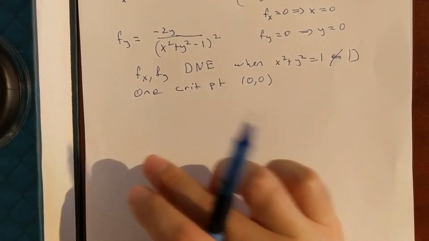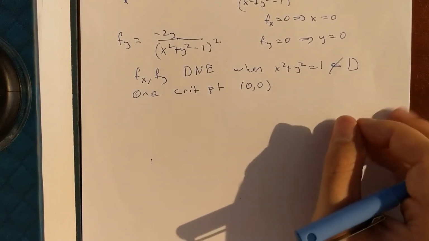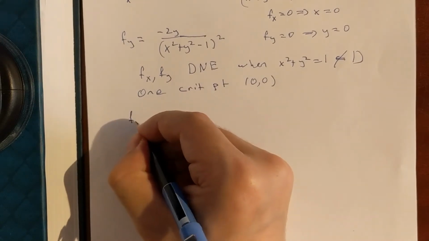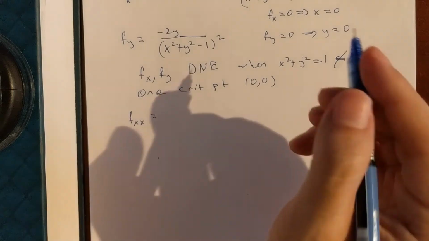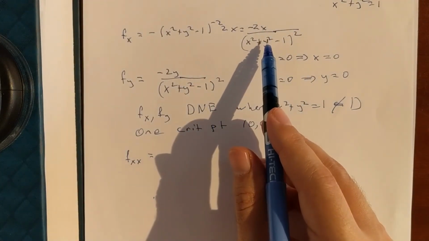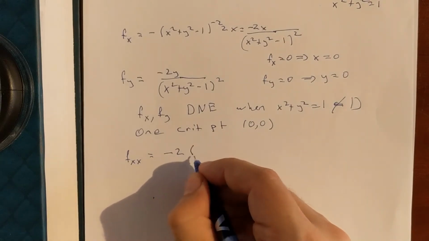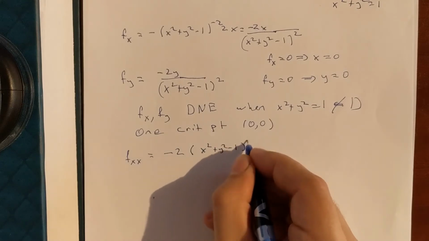So we need to calculate the three second derivatives: f_xx, f_yy, and f_xy. Let's do f_xx, the second derivative with respect to x. I have to take the derivative of this, so I'm going to use the quotient rule. The derivative of the top is minus 2 times the bottom, x squared plus y squared minus 1, the whole thing squared.